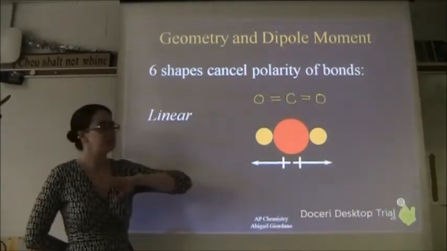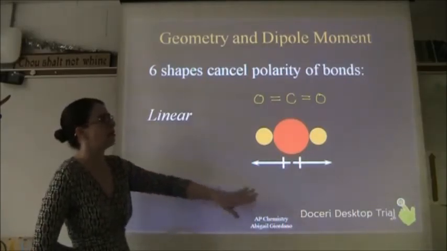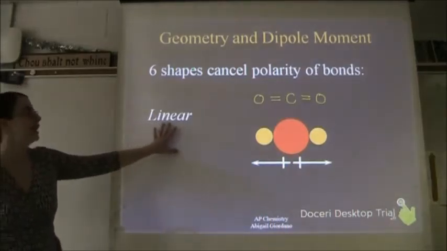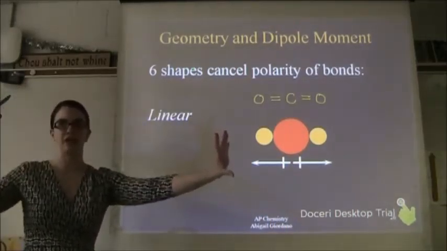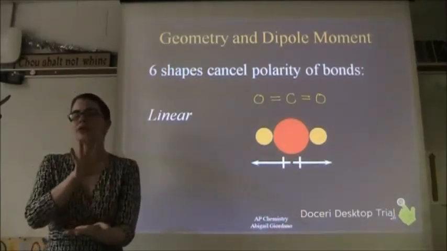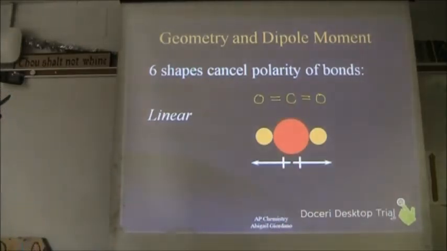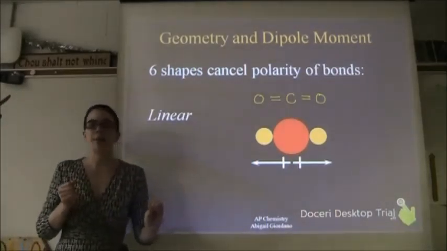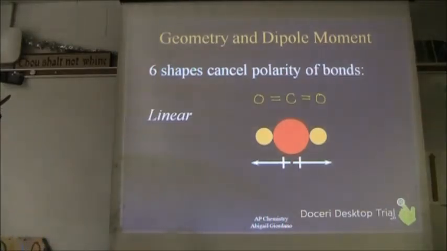What you would say is something along the lines of, although it contains polar bonds, the linear shape, and here's the big catchphrase, the linear shape cancels out the polarity of the bonds. That's the million-dollar phrase right there. So although this molecule does contain polar bonds, it does, the linear shape cancels out the polarity of those bonds.